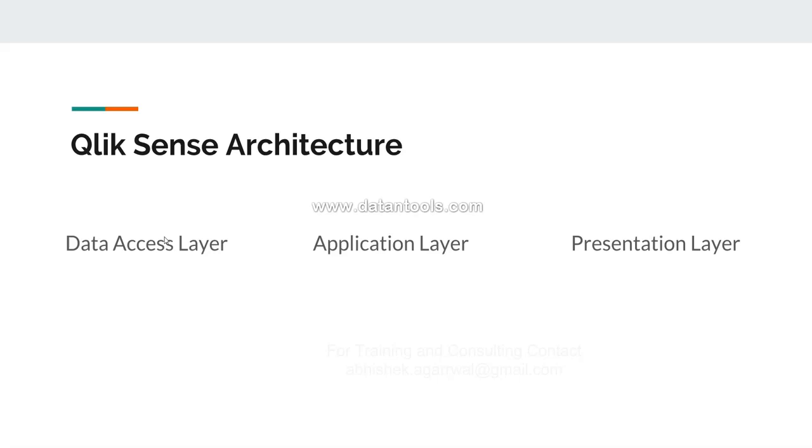So in the application layer, as I said, the administrator is going to manage the application, and there is the QMC, the Qlik Management Console, which helps in doing a lot of tasks like scheduling, publishing the application, and allowing the interaction for the end user by creating sessions and all. All of these tasks are managed by the administrator, and those who are involved in scripting the data modeling are the data architects for the Qlik Sense application, who will work on the application layer specifically for data preparation for the front end.